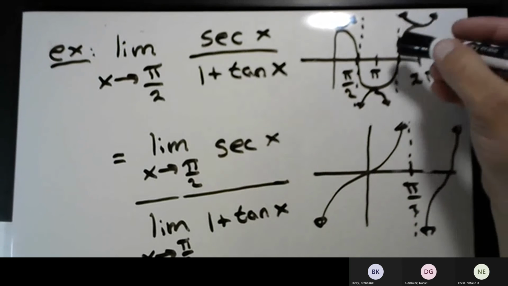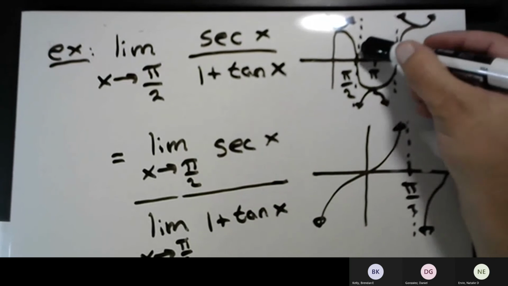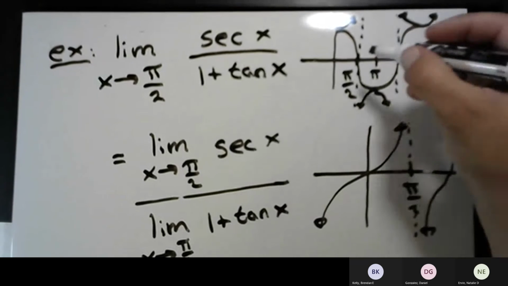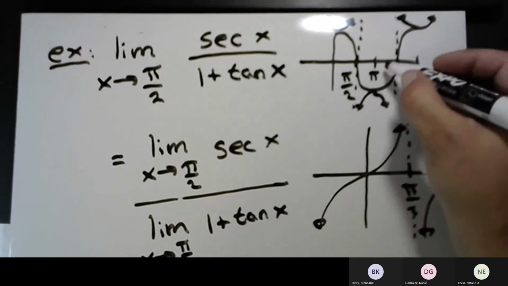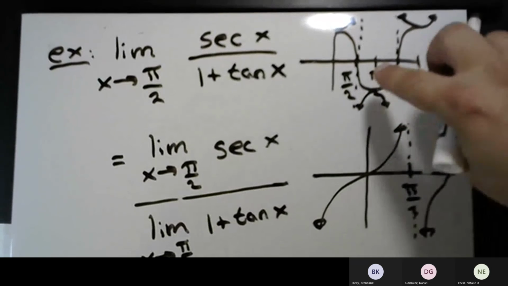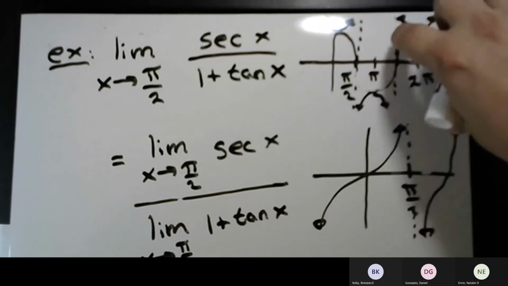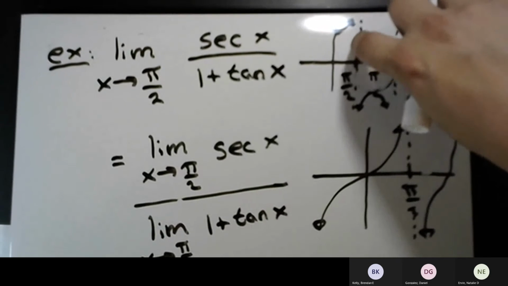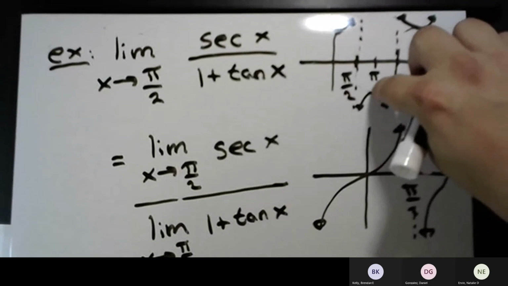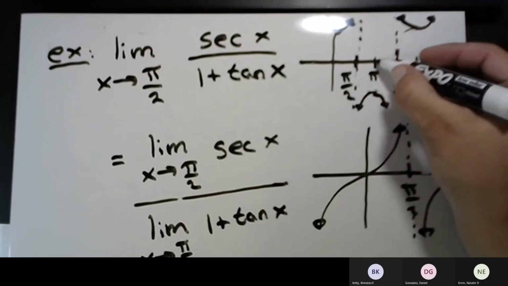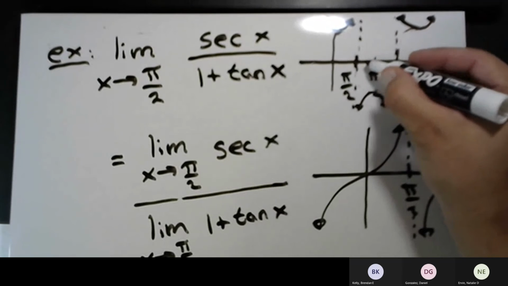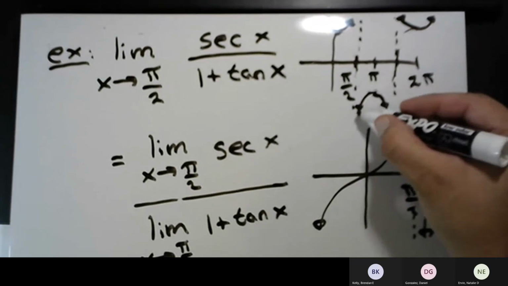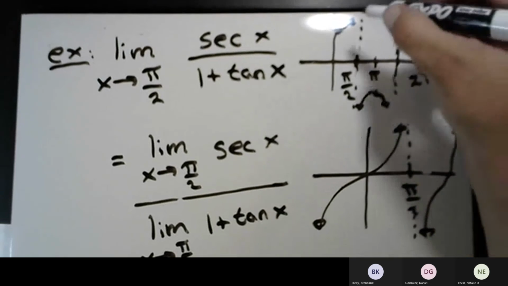For secant, this is pi over 2 right here. If we approach from this side, here I'll get rid of the cosine function so it's a little clearer. We approach from the positive side of pi over 2, we're dropping down to negative infinity.